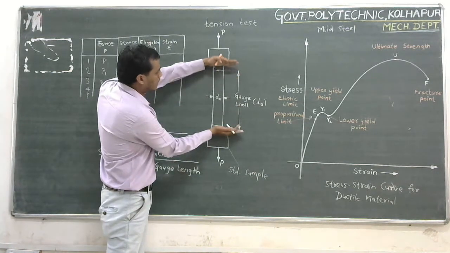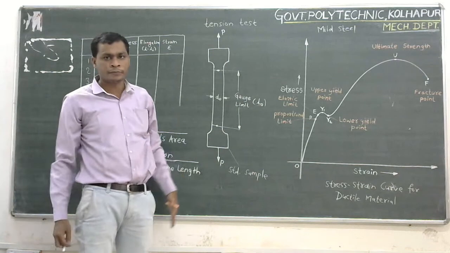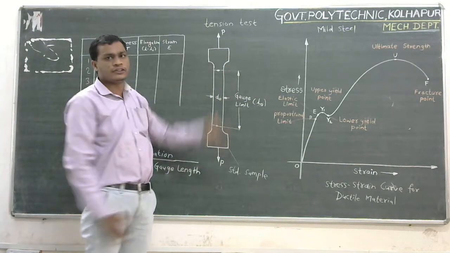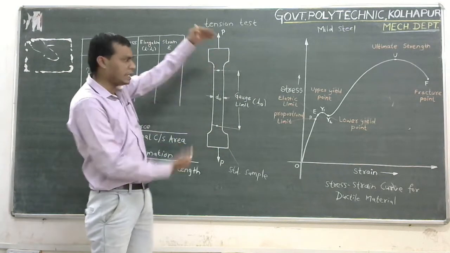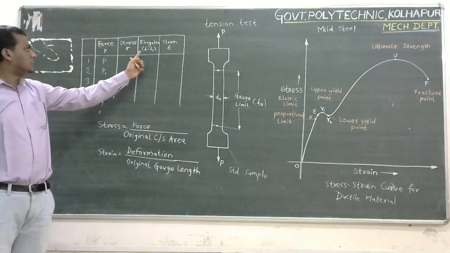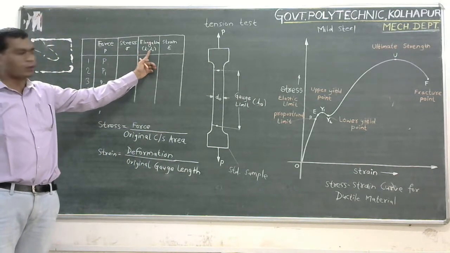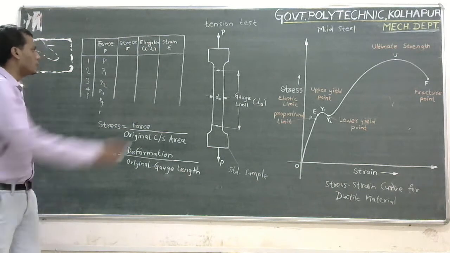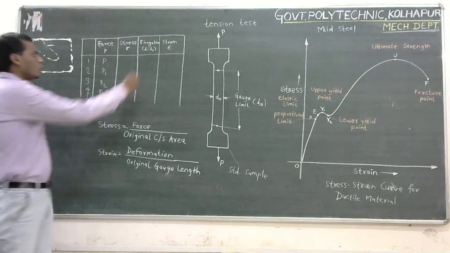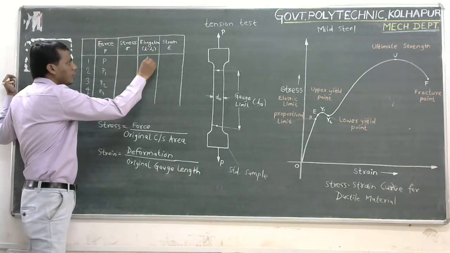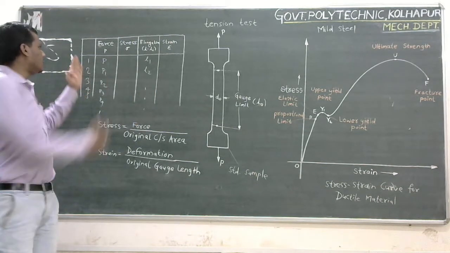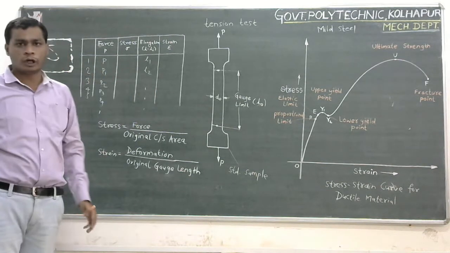This gauge length, which is L0 initially, will deform axially. So there will be an elongation in the axial direction. That elongation is nothing but change in length, final length minus original length, L minus L0. So that elongation for that particular value of load is recorded. Suppose this is L1, then L2, likewise. Okay. So for a particular load, elongation is also recorded.